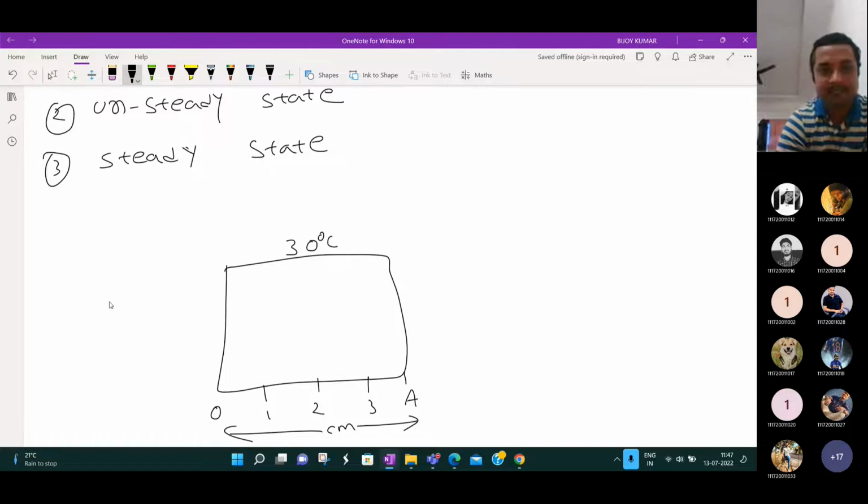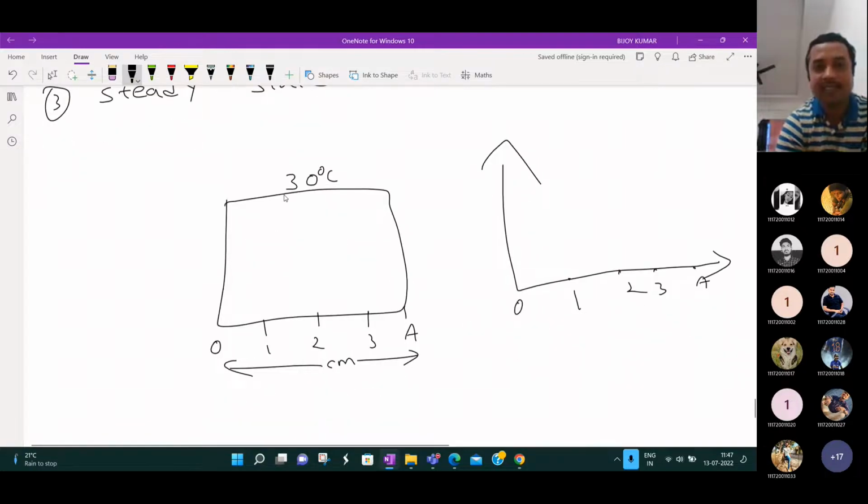Suppose this is the temperature scale and this is the length scale, delta X. So at position 0, what will be the temperature of this object?